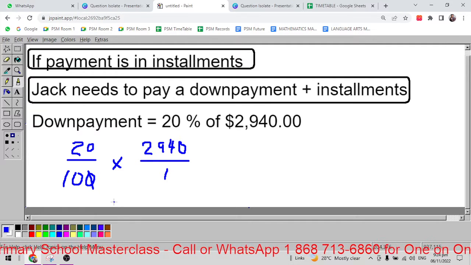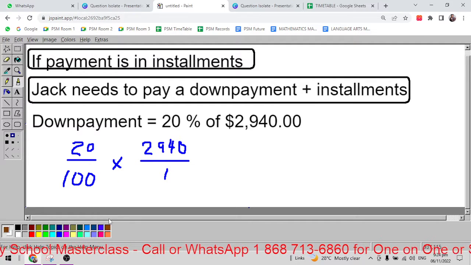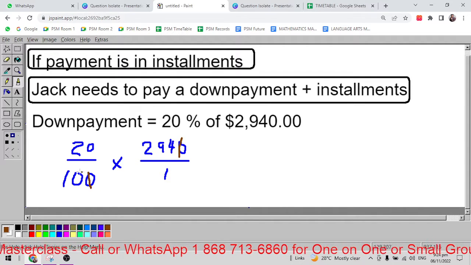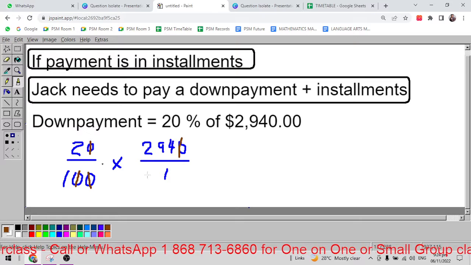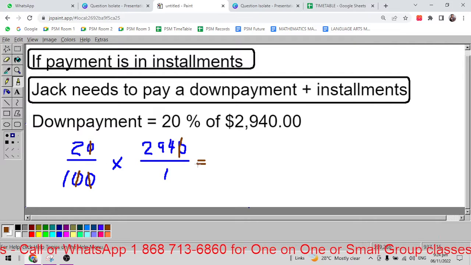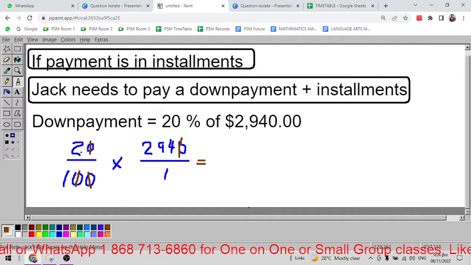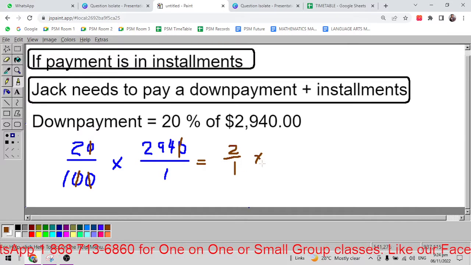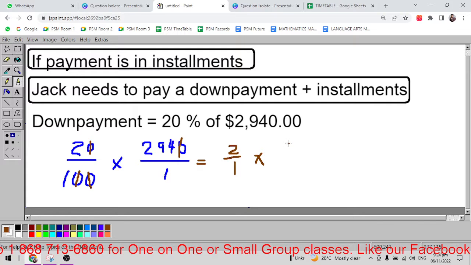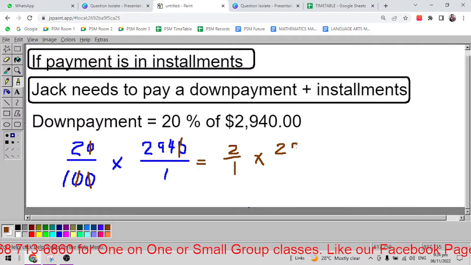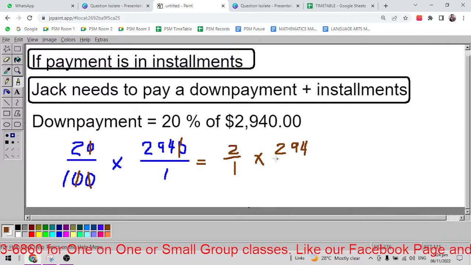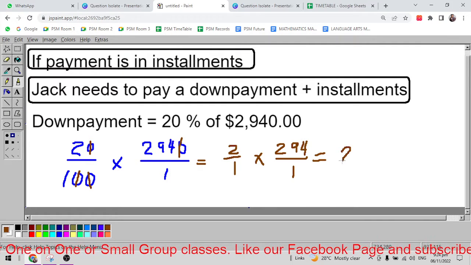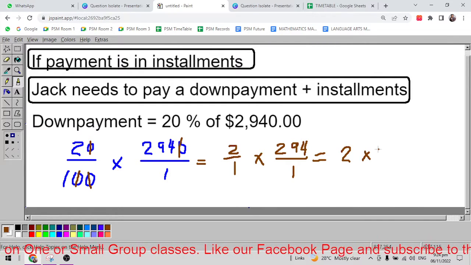This zero cancels that zero there. This zero also cancels that zero up there. So that leaves us with 2 over 1 multiplied by 294 over 1. So in other words, it's just 2 multiplied by 294.